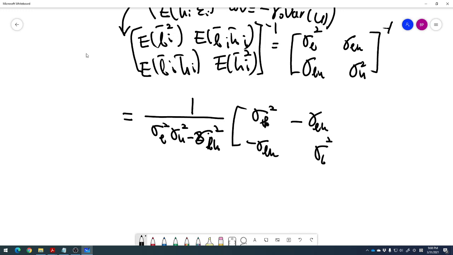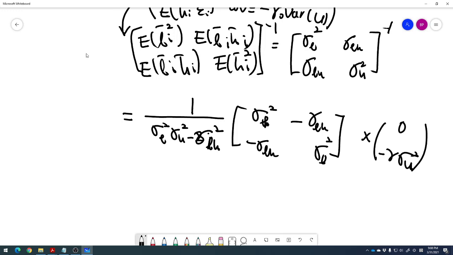This is H, this is L. Anyhow, so now you can calculate the misspecification bias: this guy multiplied by 0 and minus gamma sigma u squared, the variance of u. So you can calculate the result.